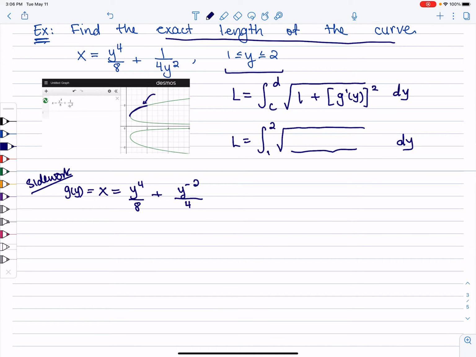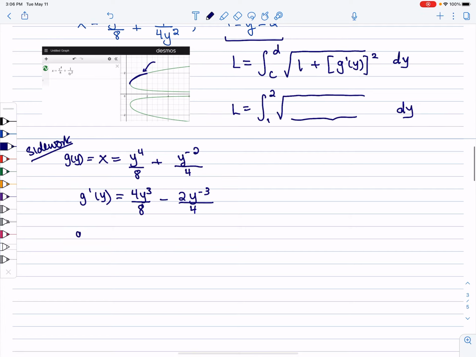We can say that g prime of y is equal to 4y cubed over 8 minus 2y to the negative 3 over 4, which we know we can simplify. g prime of y is equal to y cubed over 2 minus 1 over 2y to the 3rd power.